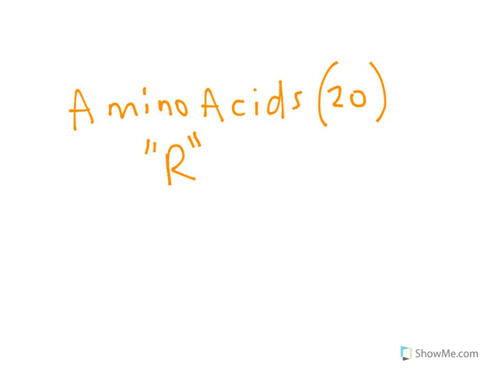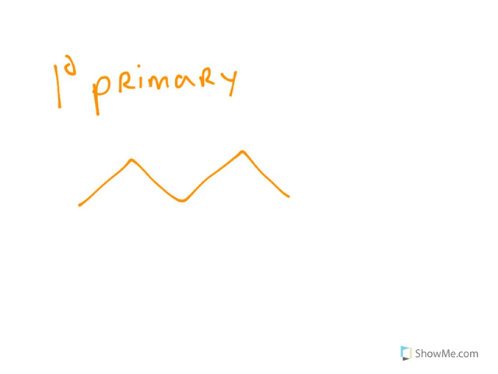It gives each of them their specific structure. When we look at the structure of proteins, it's important to look at how the amino acids interact with each other. The first structural building of a protein is called a linear or primary protein. Primary proteins have just a linear shape, so they're just in a straight line.